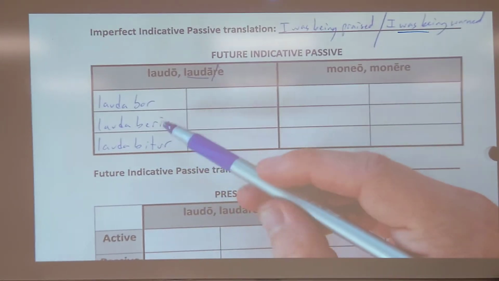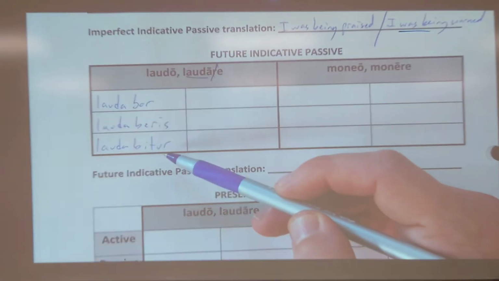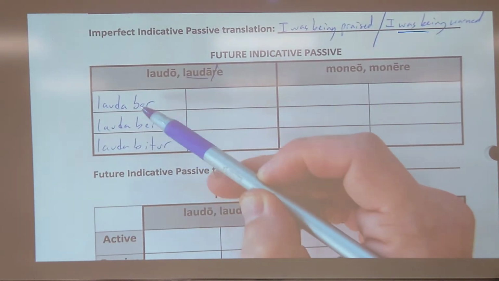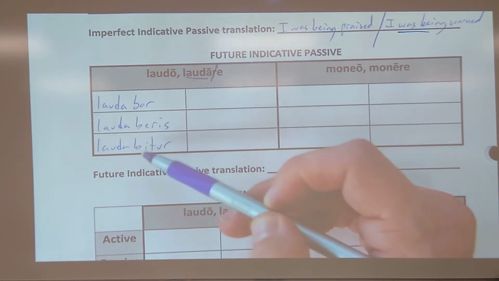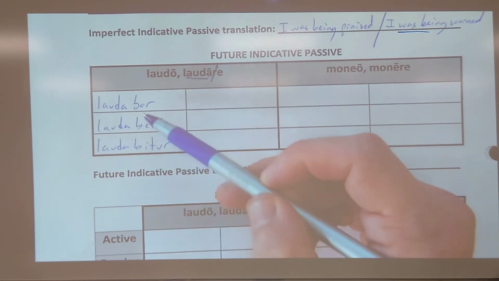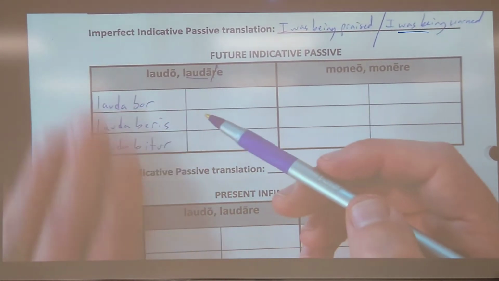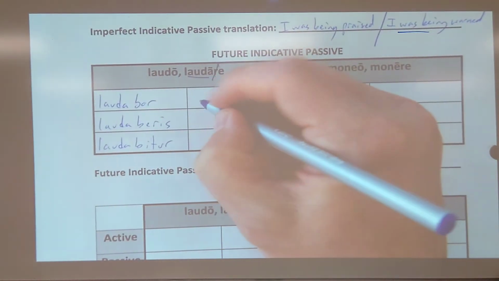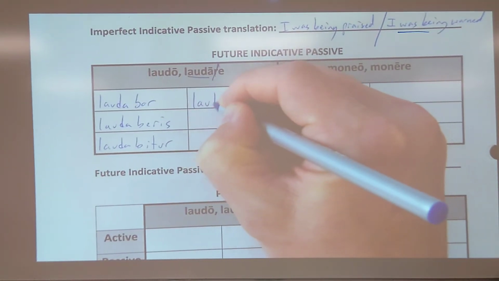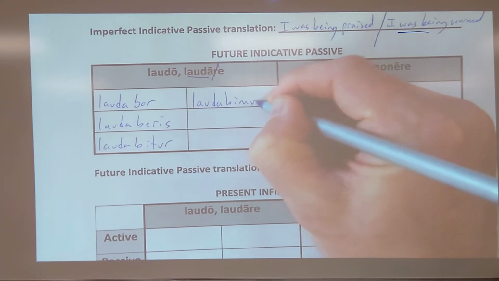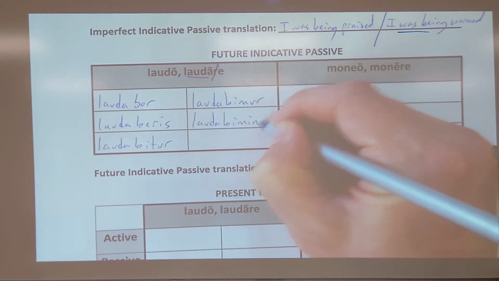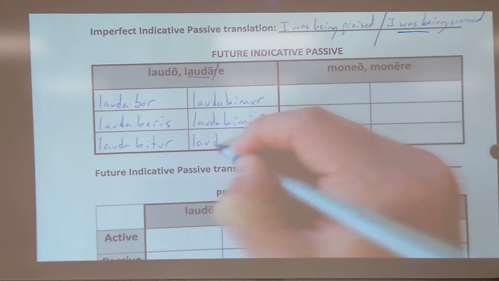But do you see how it's still r, ris, tur? It's just that in the future, the future-y kind of grunting sound before the ending changes a little bit. So that's why it's a little easier just to think of the endings themselves. All right. So we have bor, beris, bitur, lauda bimur, lauda bimini, and lauda buntur.